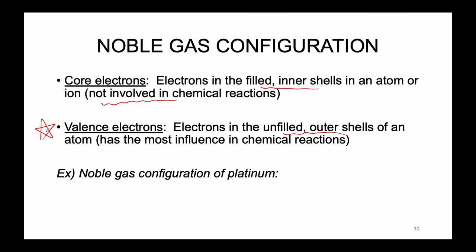So how we can determine which electrons are core and which are valence comes down, again, to the electron configuration, and we can use the noble gas method to also very quickly illustrate which electrons are core and which are valence. All right, so we're going to illustrate the noble gas configuration for platinum, the same element whose incredibly long electron configuration we just illustrated, and now we're going to show this shortcut method. Again, a shortcut of a shortcut of a shortcut.